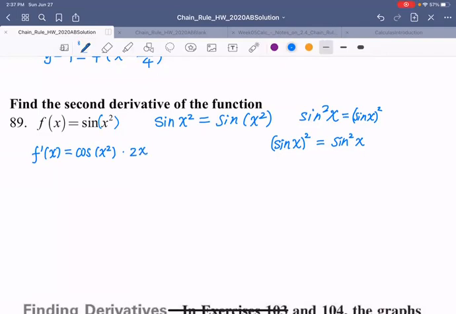Now we want to do the product rule. 2x f plus double prime, which means we are going to do the derivative for this.